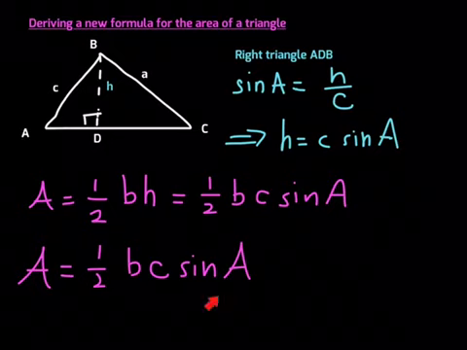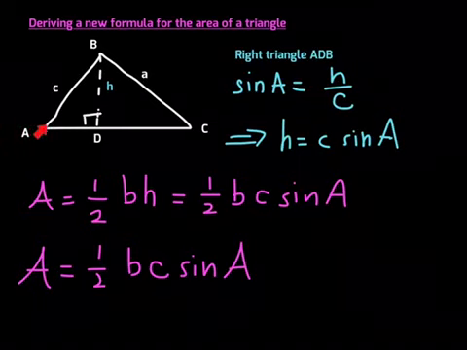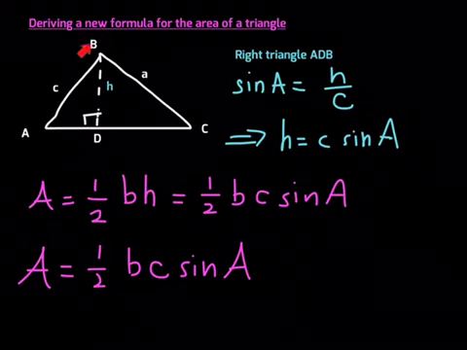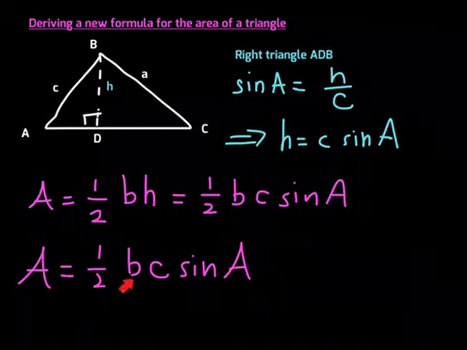Look at angle A. Angle A is included within the sides B and C. Here's angle A, and here's side B, and side C. Angle A is included within the sides B and C. So basically, this brand new formula says that the area of a triangle is equal to 1/2 of the product of two sides and sine of the angle that's included.